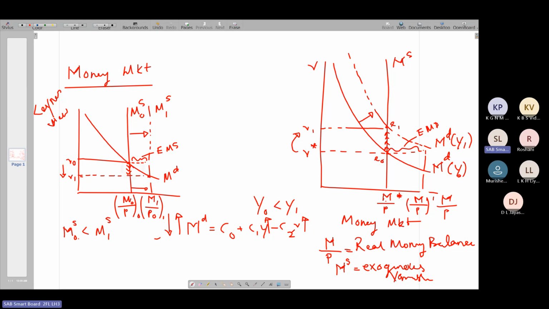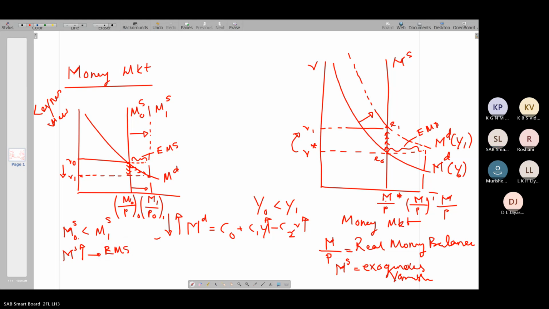So this is the change in money supply, right? When the money stock increases, that creates excess money supply in the money market.